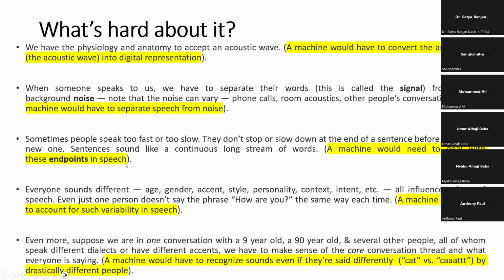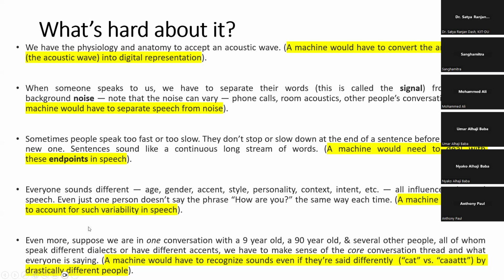So endpoint detection in speech is also a very important area. Again, whether it is a male or a female, whatever accent, the style of speaking, the intent, the emotion, the age of the speaker, as human beings we are able to understand what the person says. But for the machine, it will have to account for all such variabilities in speech.